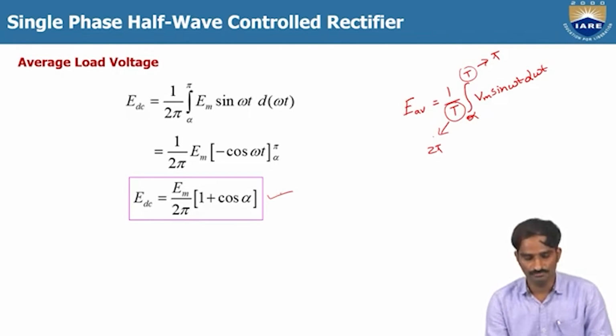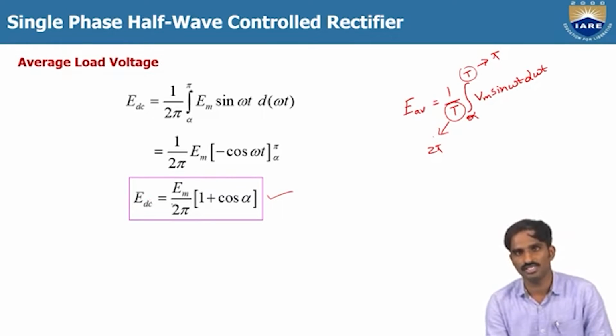Here, as we consider, this is a half wave controlled rectifier, which means the output can be controlled, of course to some extent. The key parameter here is alpha, because Em is constant and 2 pi is constant, so the only variable is alpha.